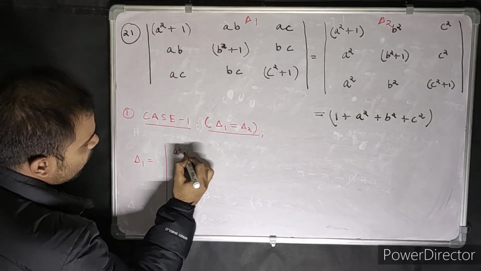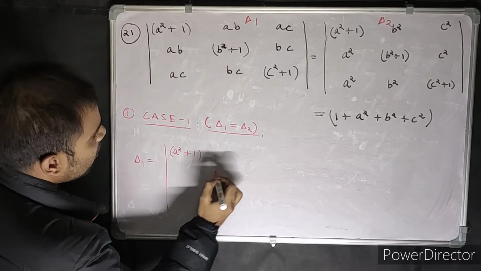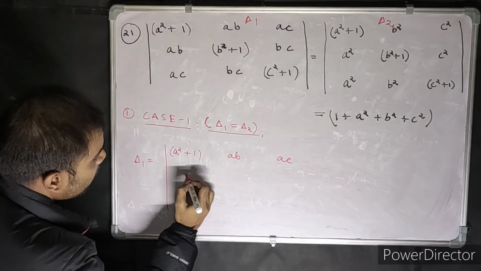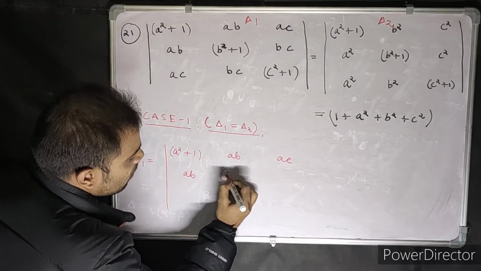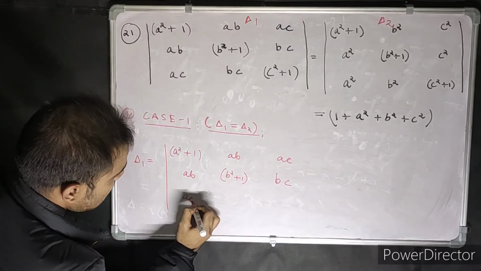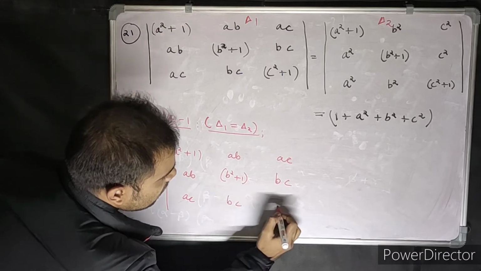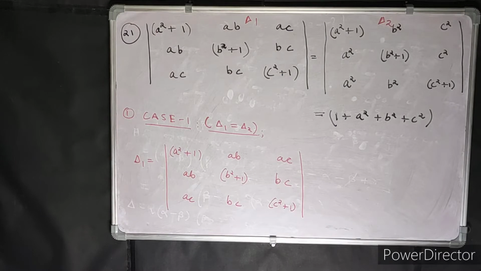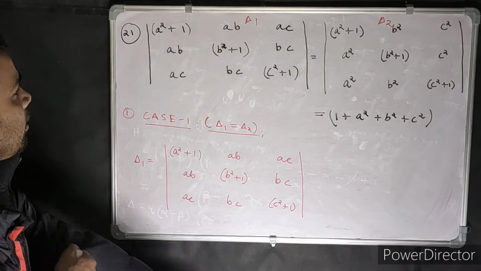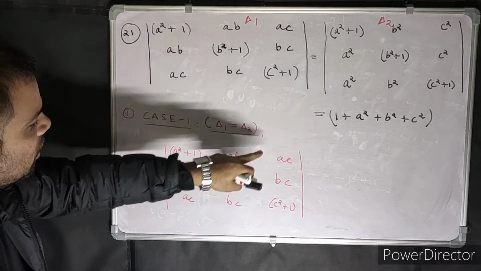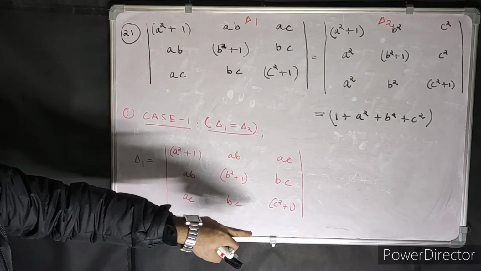That is a square plus 1, ab, ac, then ab, b square plus 1, bc, ac, bc, and c square plus 1. All copied correctly, all copied from the book correctly.